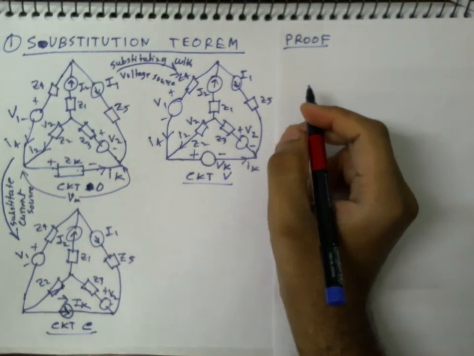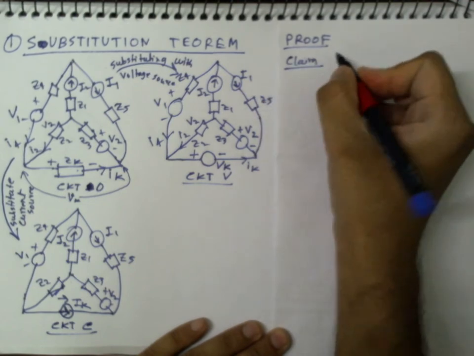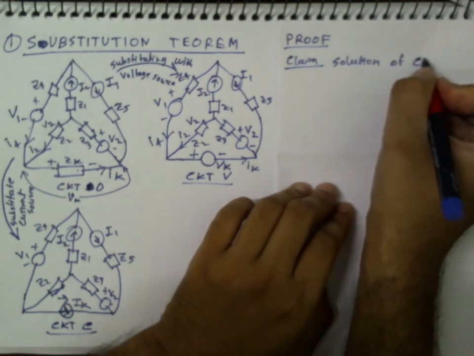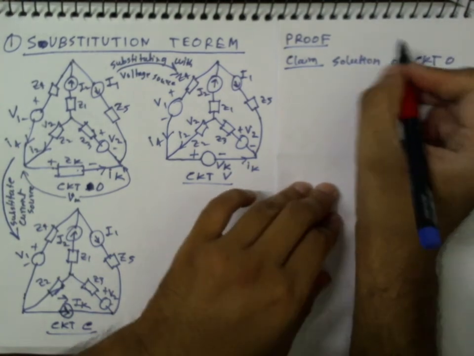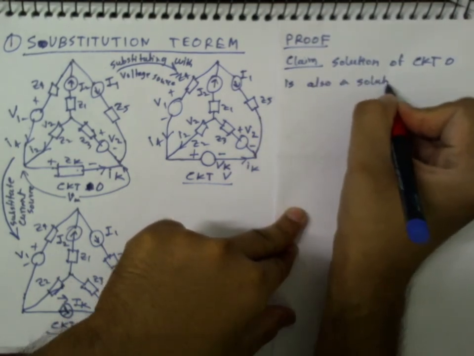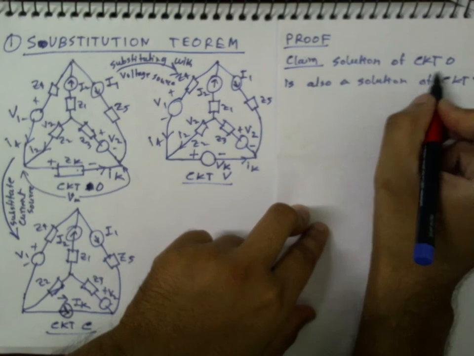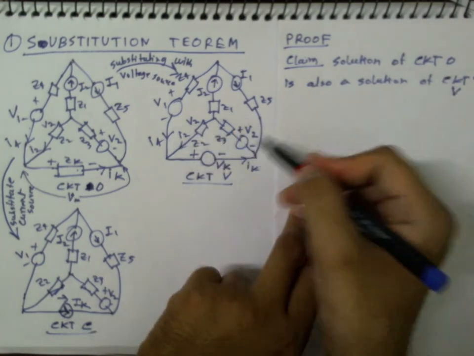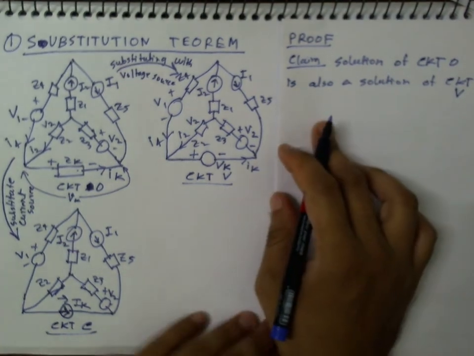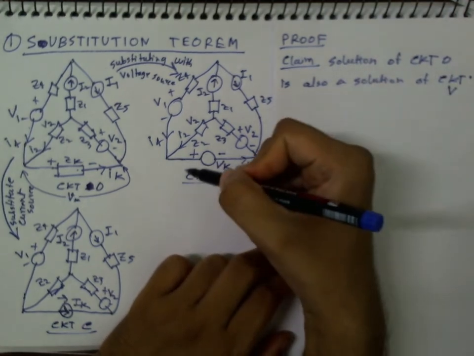What is the claim? The claim is that a solution of circuit O, the original, is also a solution of circuit V. And it's true also for circuit C. Let's look at this one first, then we'll look at the other one. It's very similar. So we're claiming that the solution of circuit O is a solution of circuit V.